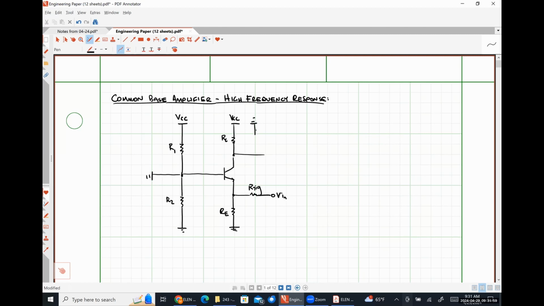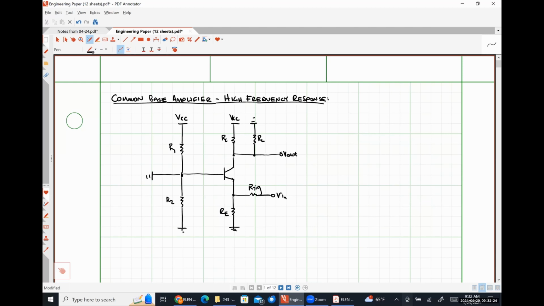And then with C out short circuited, the resistance RL will be between my collector node and ground. And I'm going to put my V out terminal here, right? So this is what my circuit looks like with all of my coupling and bypass capacitors short circuited.